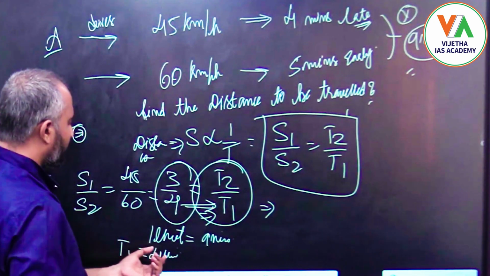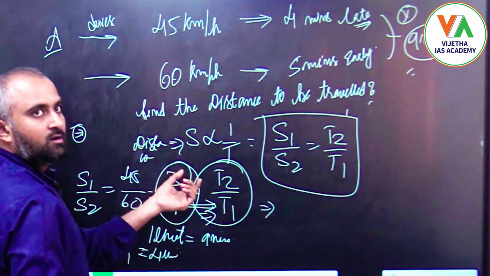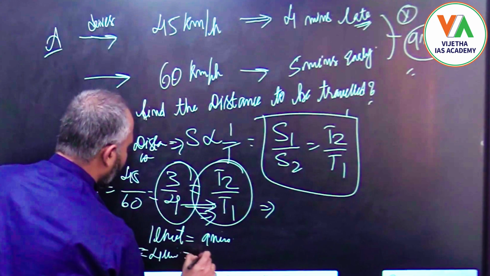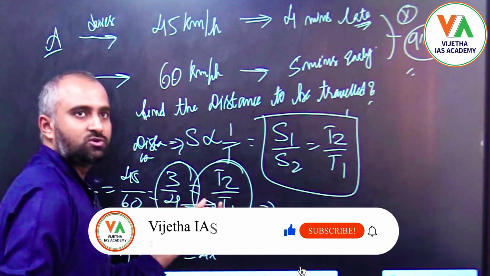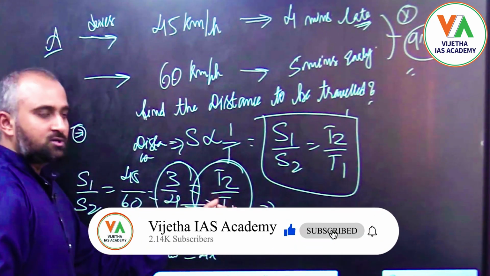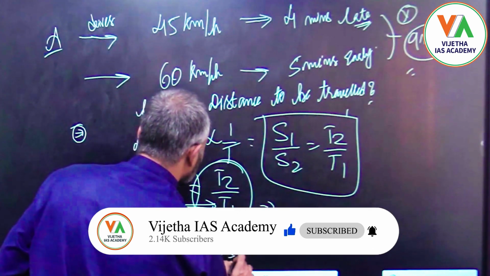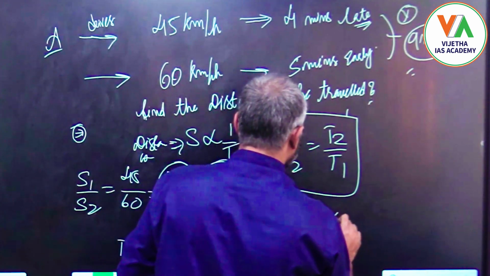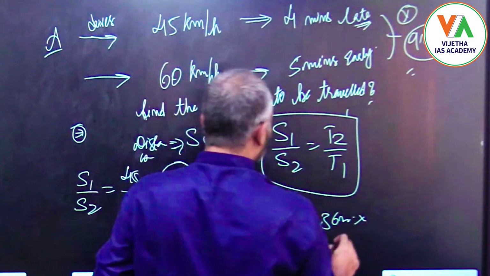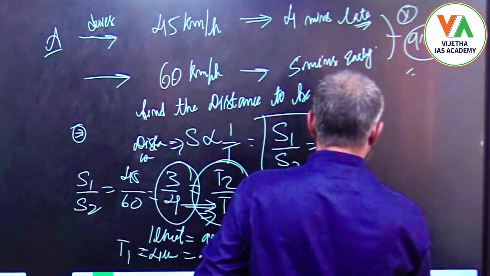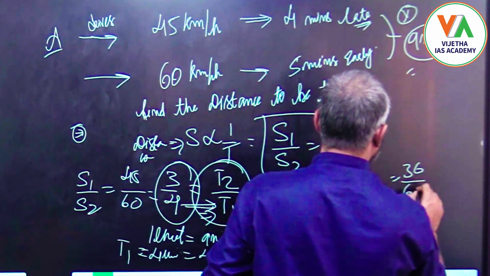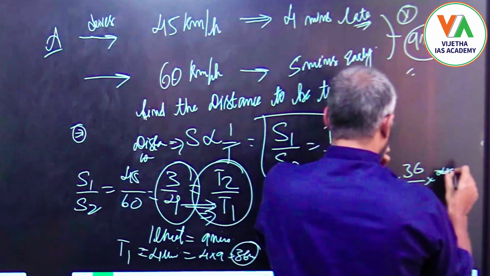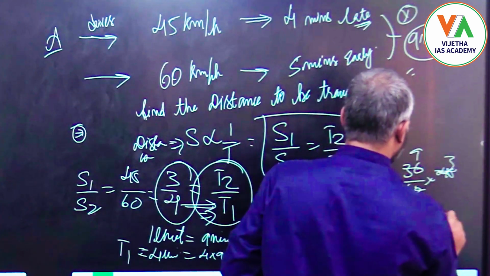So, 4 units of time difference in ratio correspond to 4 into 9. 1 unit corresponds to 9 minutes and 4 units correspond to 9 into 4, which is 36 minutes. Now, time 1 is 36 minutes and the speed is 45 kilometers per hour. So, 36 by 60 into 45. This is 4, this is 3, 9 3s are 27.